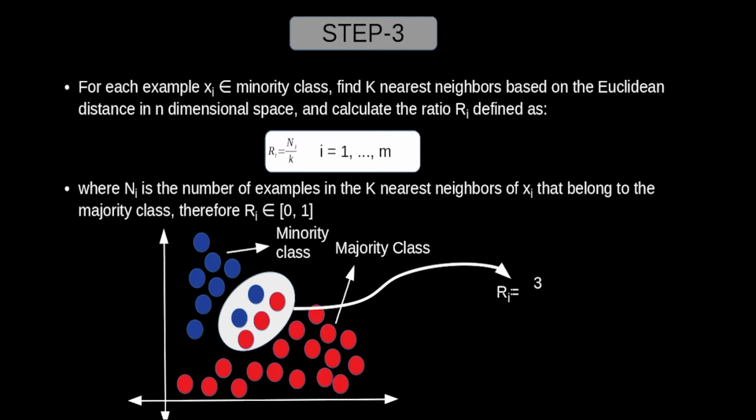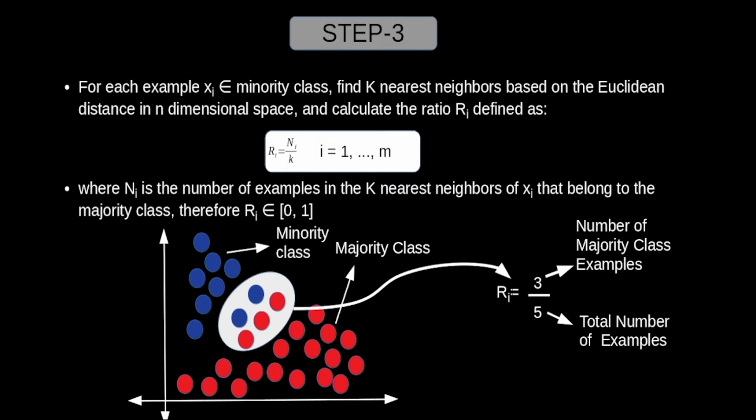Ri is calculated as 3 divided by 5, where 3 is the number of majority class samples and 5 is the total number of samples. The Ri value is 0.6. 3 equals the number of red samples and 5 is the total number of samples belonging to that particular ellipse. That ellipse holds the neighbors of the selected minority class example.